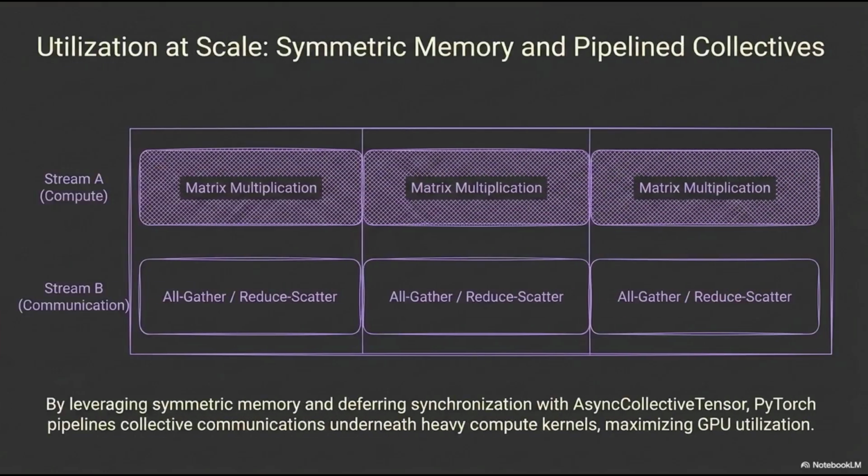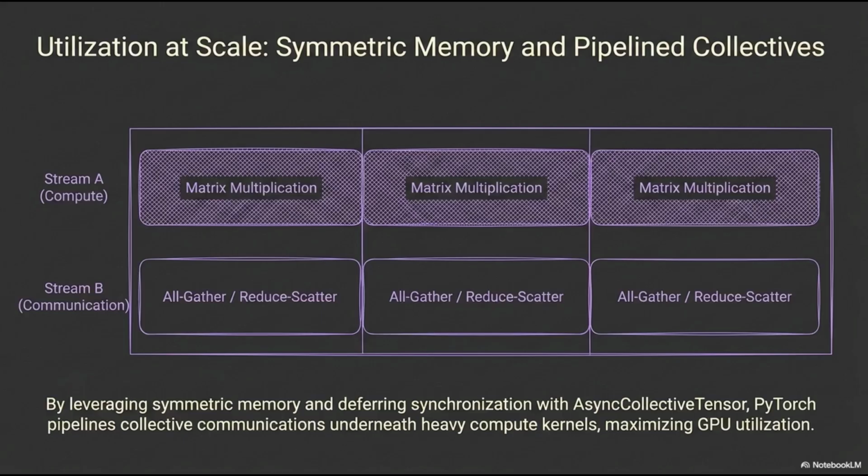This slide details our strategy for achieving high utilization at scale, emphasizing symmetric memory and pipelined collectives. Observe the two distinct streams presented: Stream A, dedicated to compute operations, and Stream B, responsible for communication. Within each time segment, we execute a matrix multiplication on the compute stream.